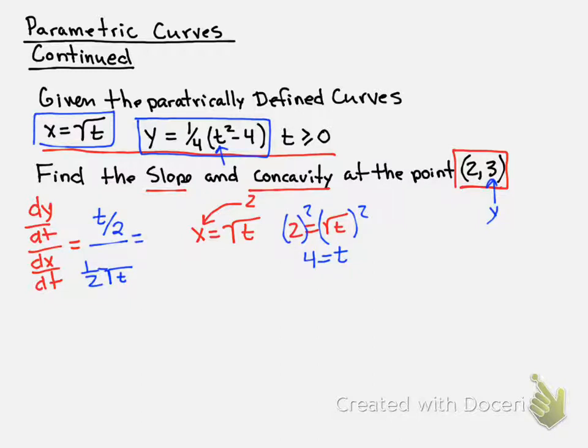That means our slope will be 4 over 2 over 1 over 2 times the square root of 4. Simplifying this, we're going to have 2 in the numerator over 1 over 2 times 2, or 4 in the denominator. That's going to be 8. So my slope is 8 at that point (2, 3).